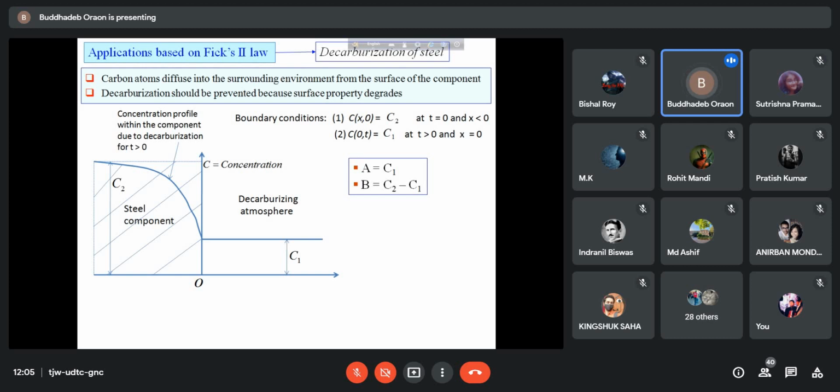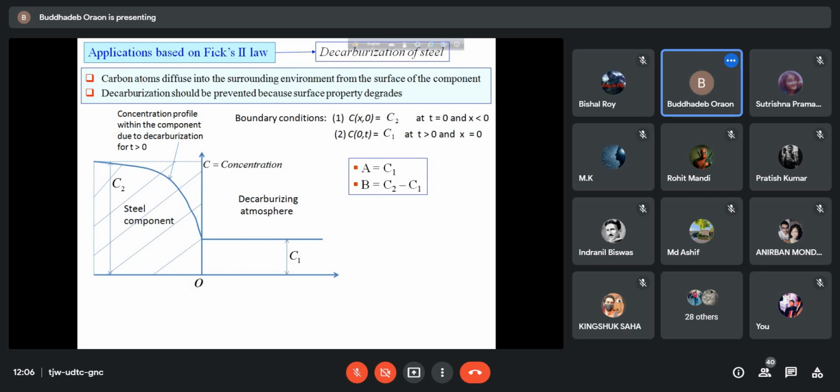So this is another process. It is the reverse process of carburization. It is called decarburization. What happens is that the carbon atoms diffuse into the surrounding environment from the surface of the component.